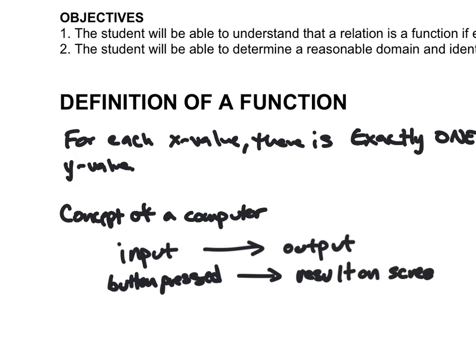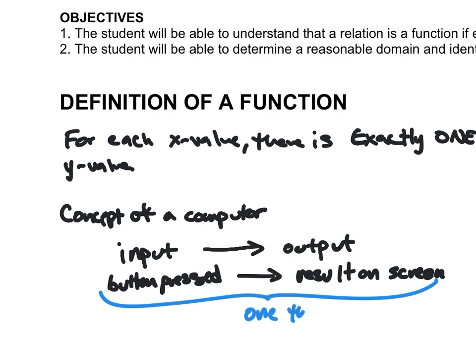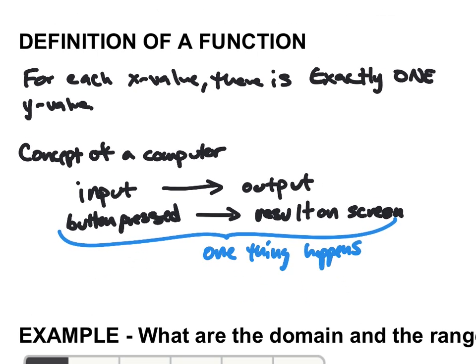And when you press a button, only one thing happens. And so that's kind of the idea here, is that when you press the button, only one thing happens on the screen. All right. So like if I think of like a Word document, you've got the Word document open, you press the K button, a K pops up. All right. It doesn't do other multiple things when it does that.